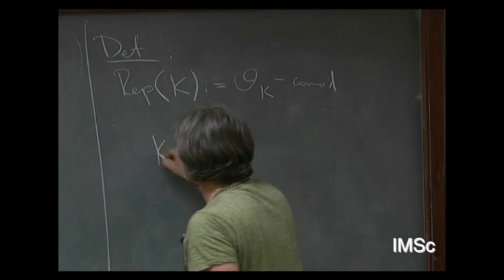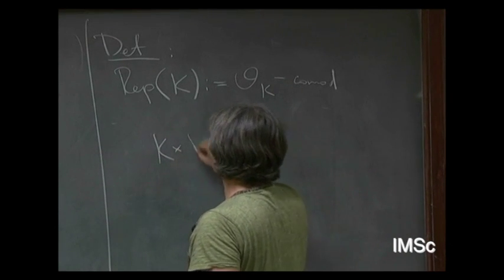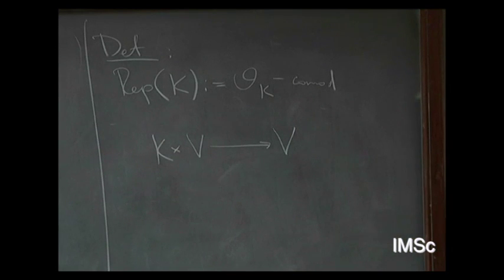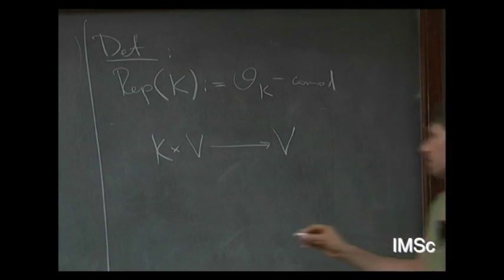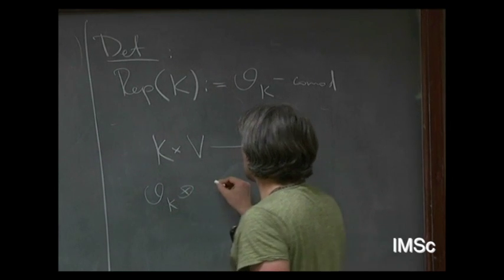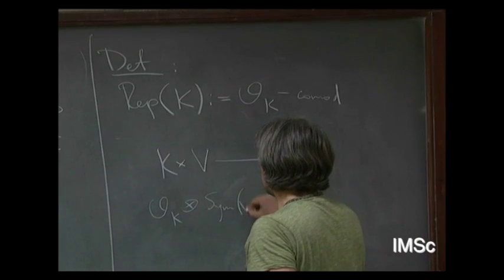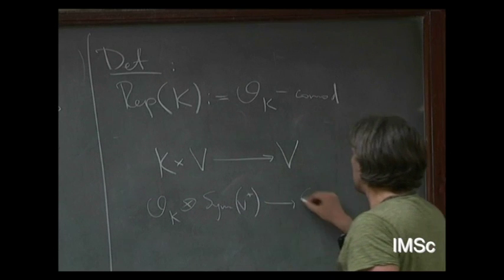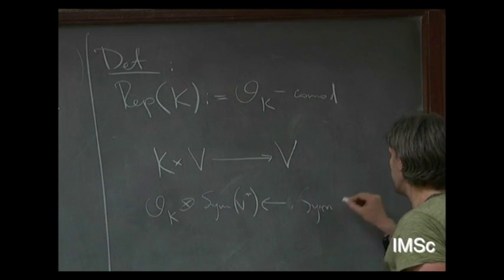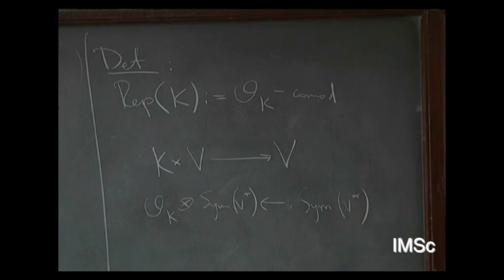So imagine we have a representation K times V to V, right? Then applying functions, you'll get O(K) tensor Sym V star to Sym V star, only the map is in the other direction, right?